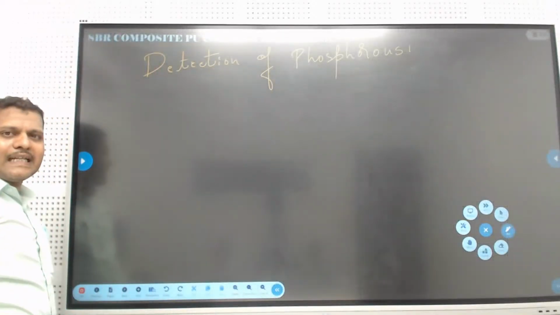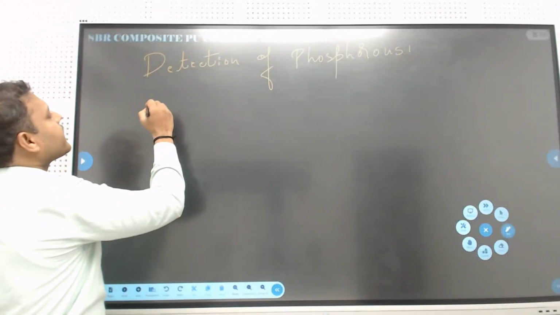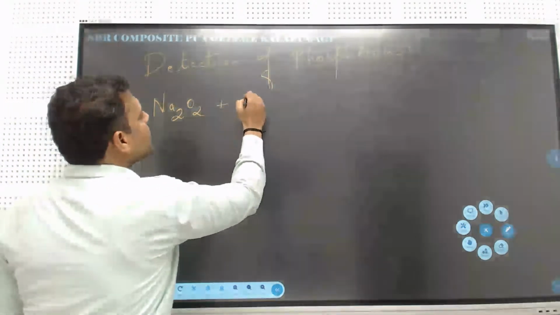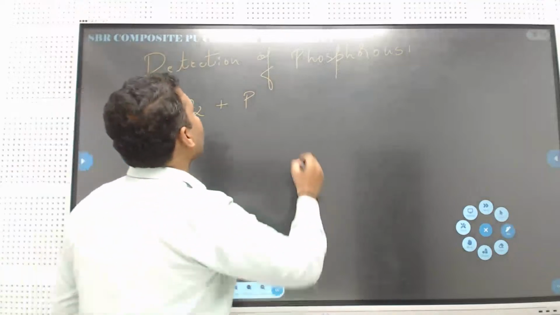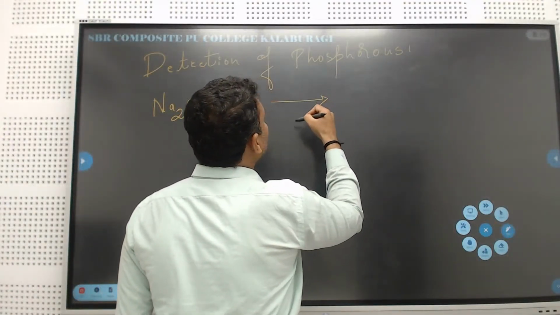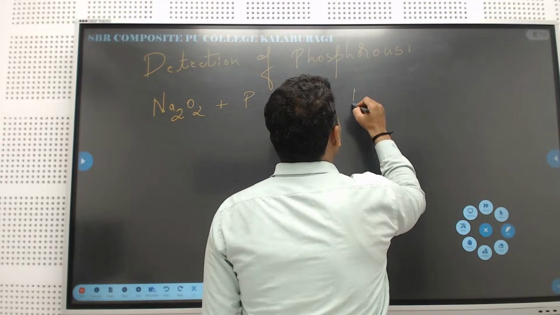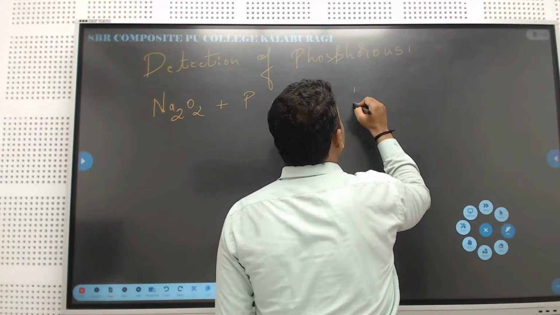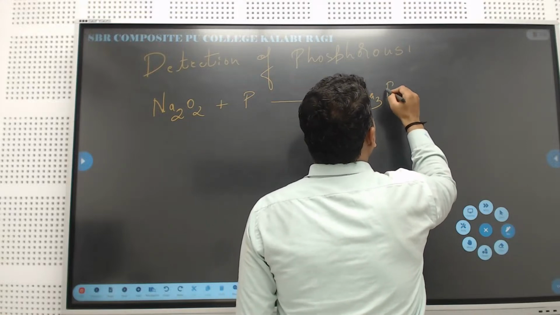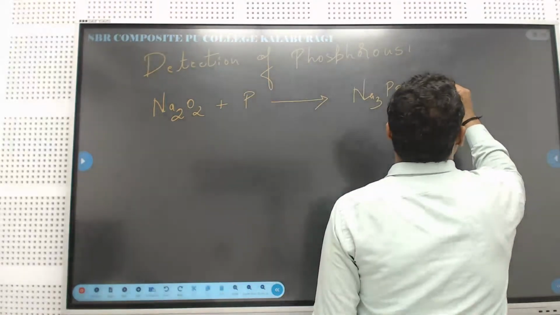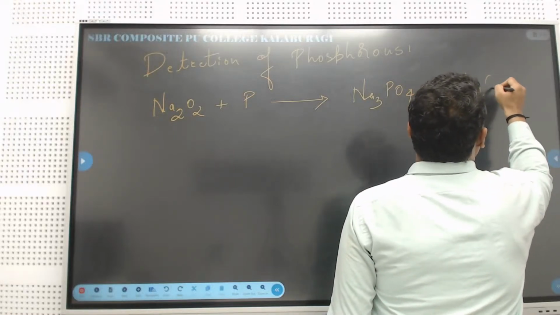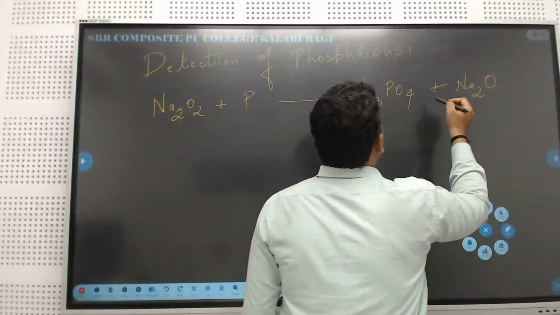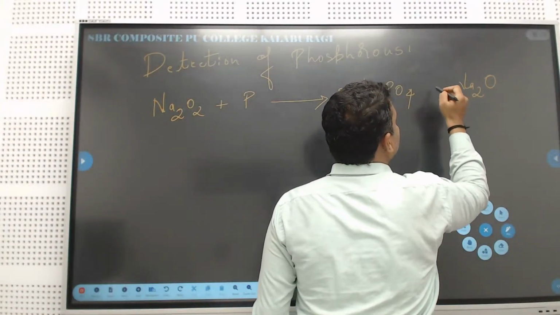Phosphorus present in the organic compound is detected by addition of sodium peroxide to that organic compound, where phosphorus will be oxidized into Na3PO4 plus Na2O.